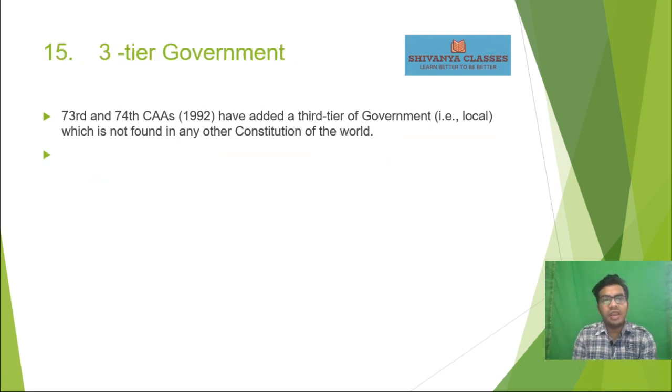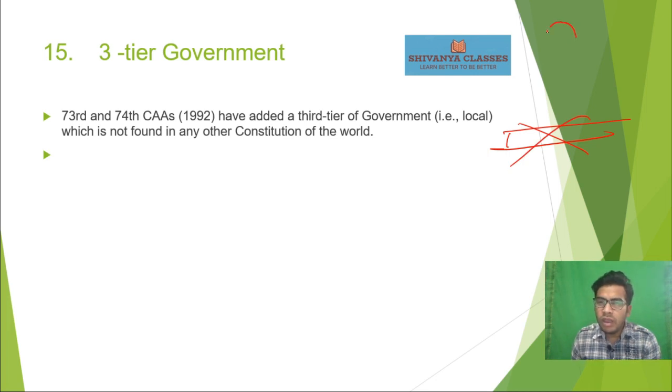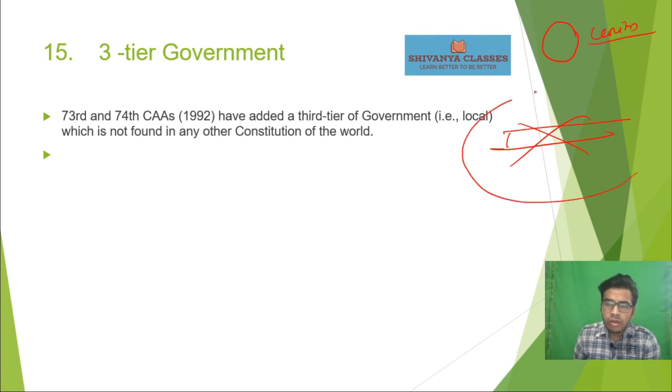So the next thing is three-tier government. What is this three-tier government? Suppose there is no government in the state. Only we have a government in the union. What is happening? All the powers of this country will be concentrated in one hand, the prime minister, or you can say the council of ministers.